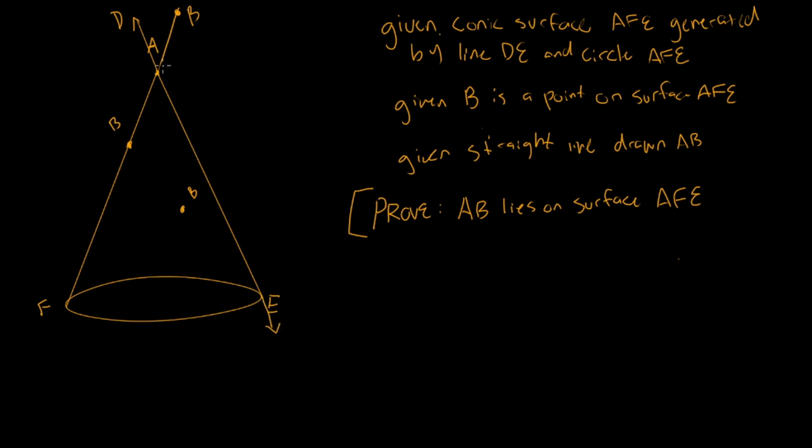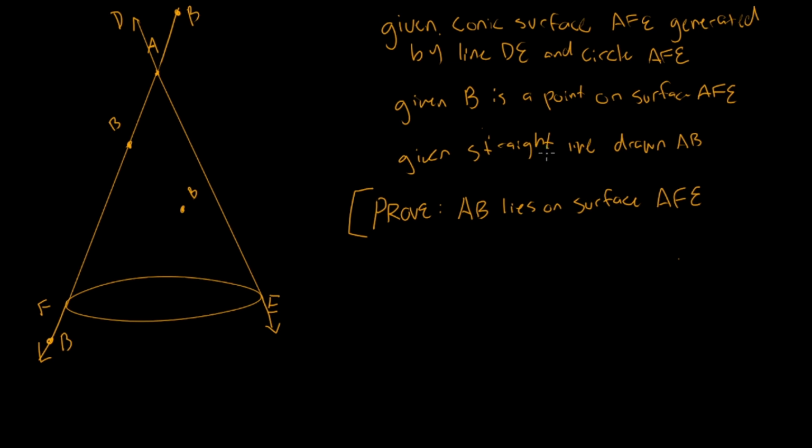So it will pass through this point up here as well as this cone down here. And then another place I'm going to put B is, again, imagining that this is an infinite line. We're going to put one example B down here on the point of the surface below the generating circle. So that's one given. Given B is a point on surface AFE, could be any of these locations.